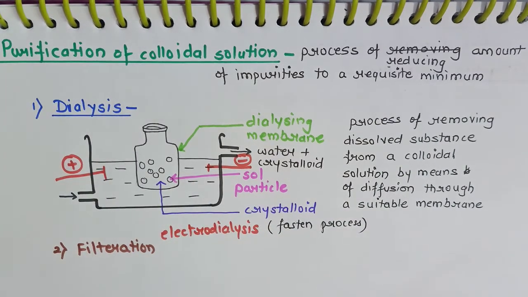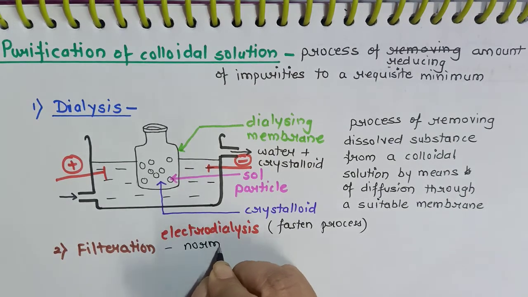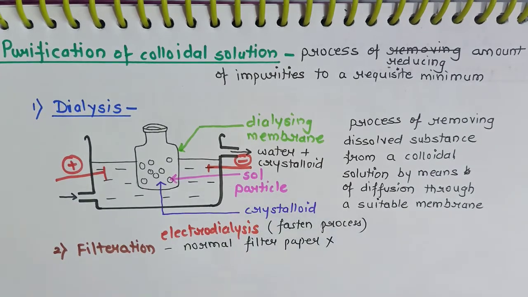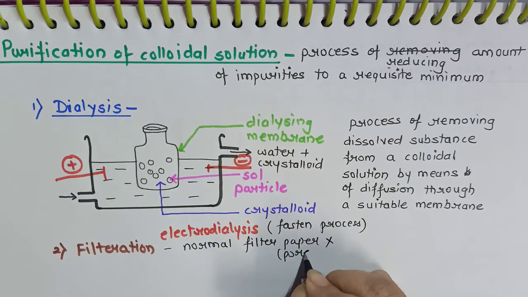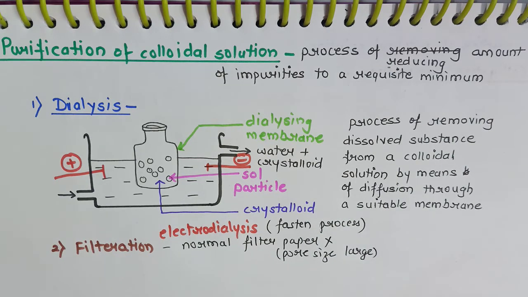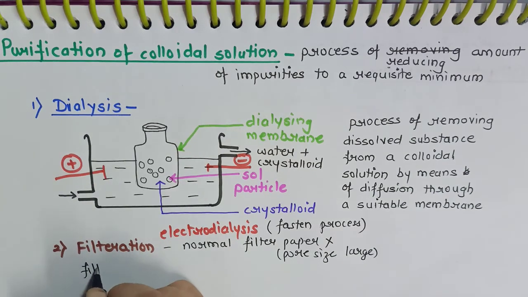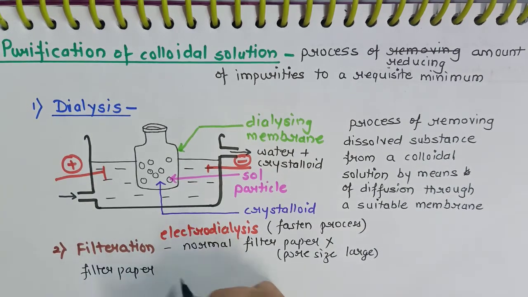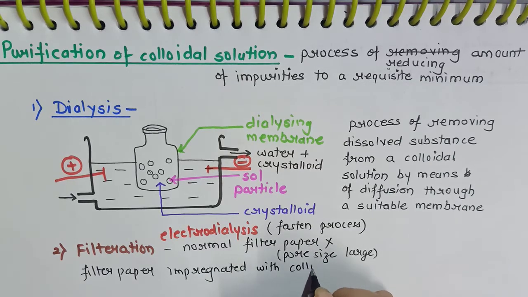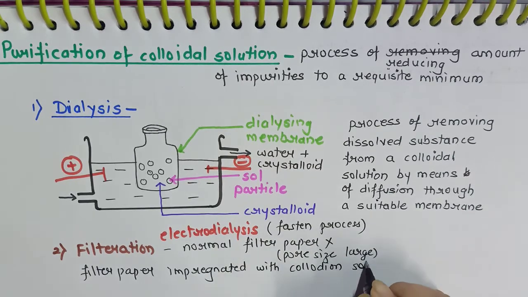We can also purify colloidal solution by carrying out filtration. Now the normal filter paper is not suitable for filtration of colloidal solution. Why? Because the pore size of normal filter paper is comparatively large. So the colloidal particles also will pass through the filter paper, and therefore we need a special filter paper which is impregnated with colloidal mixture, or I will say colloidal solution.